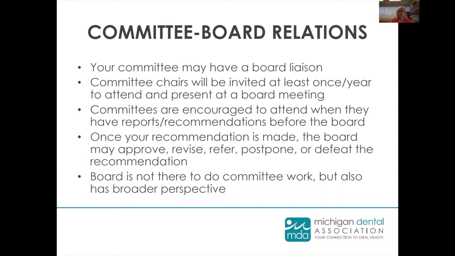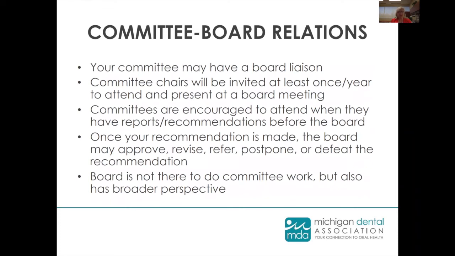We also encourage committees to attend when they have reports or recommendations that are going before the board. If it's inconvenient for the committee chair, the vice chair can go, or a committee member may be requested to be delegated for that responsibility. So let's imagine you have a report that has gone to the board. You've done a lot of work associated with it, and you have recommendations going forward.